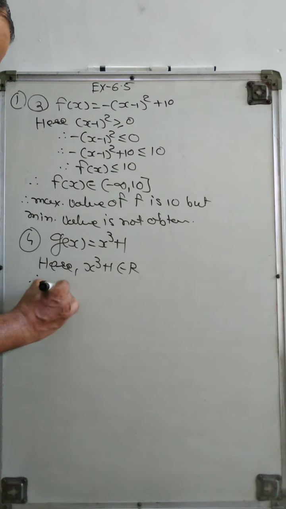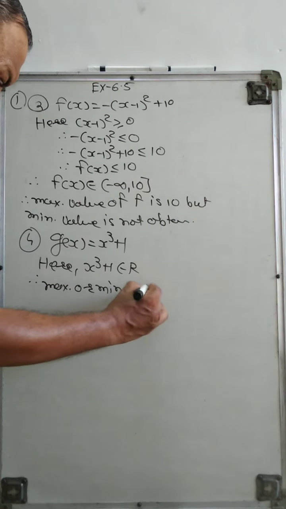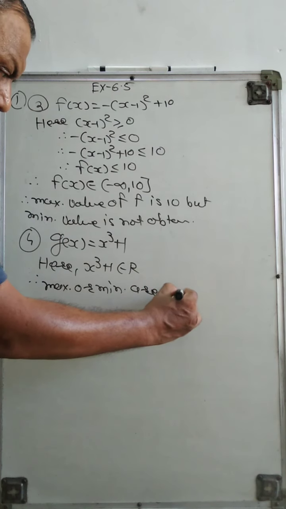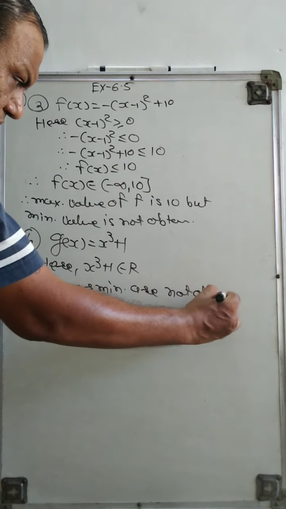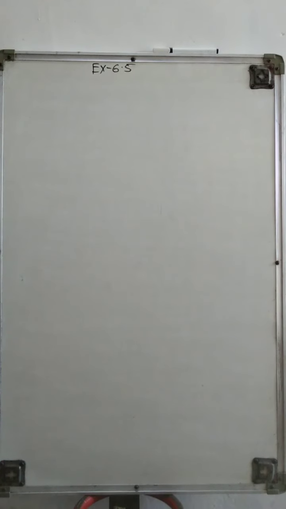Therefore, maximum value or minimum value are not obtained. Right? So this is very important, that here x cube plus 1 is there, so the maximum or minimum value cannot be obtained.